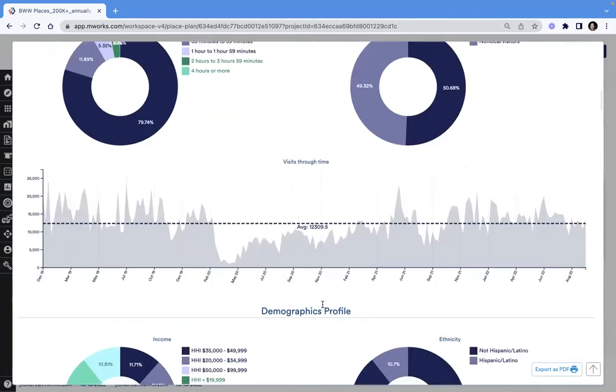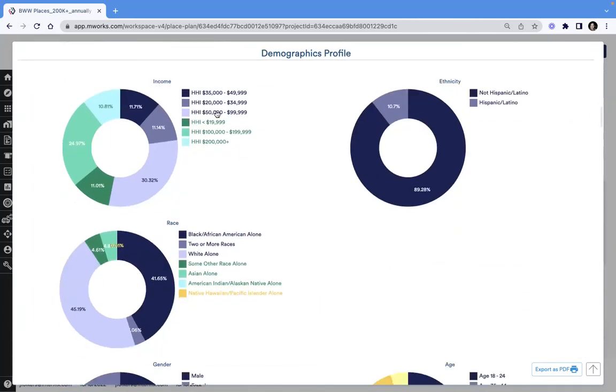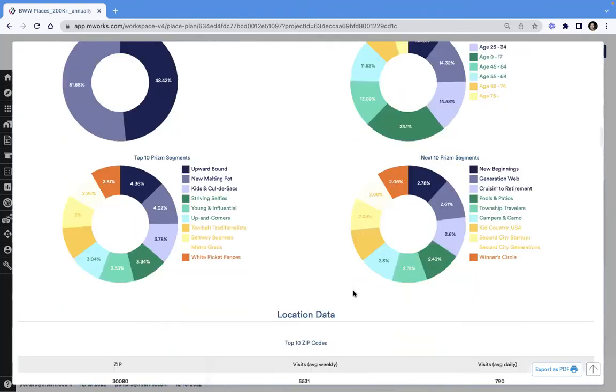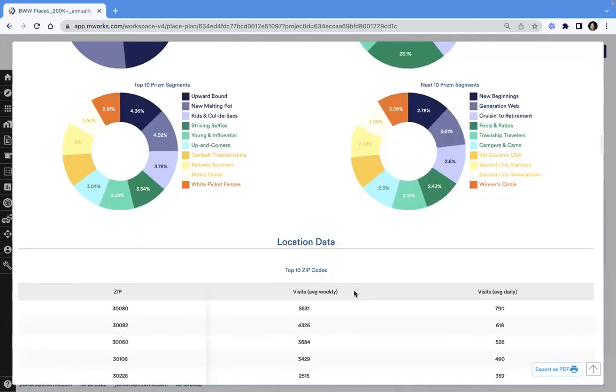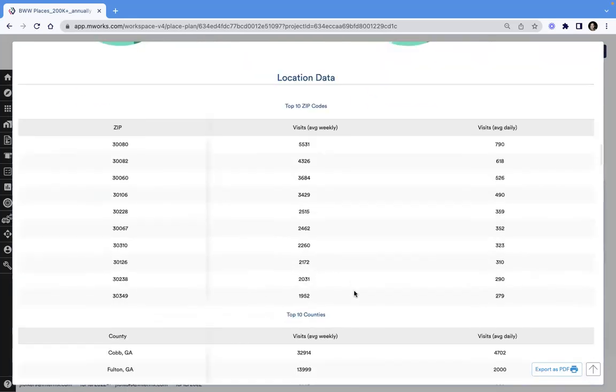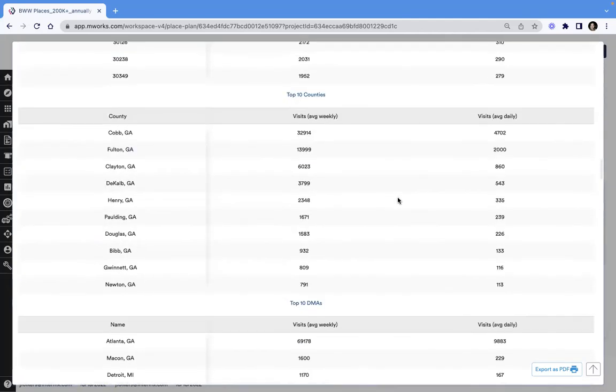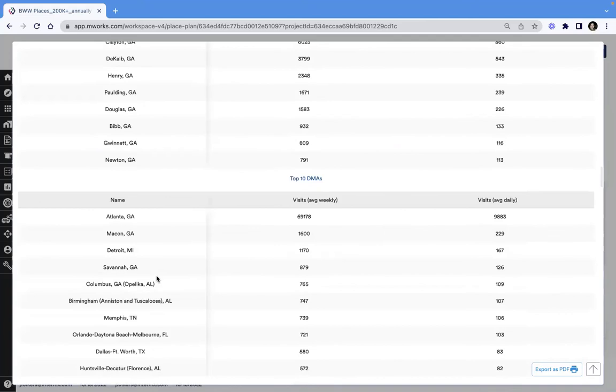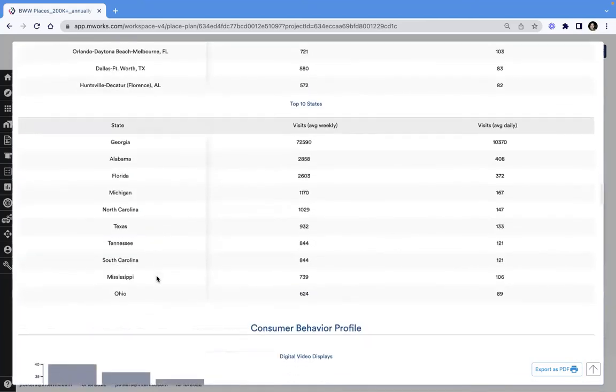Again, looking at dwell, looking at demographics. What are the primary demographics of income, of ethnicity and race, gender and age that are the people visiting those locations? Also, you can get a glimpse into the trade area that's serving that location based on the counties, the cities, and even down to zip code and state.